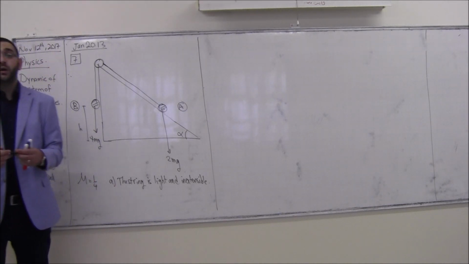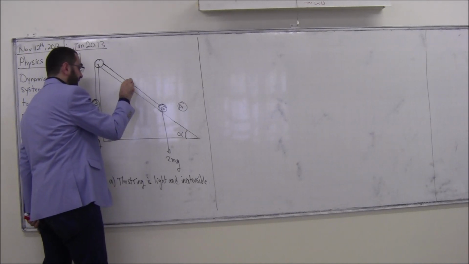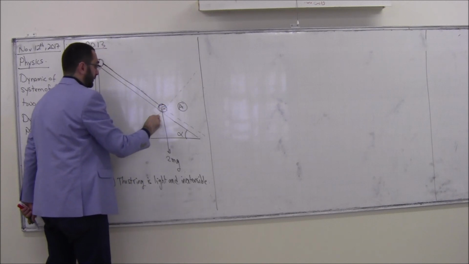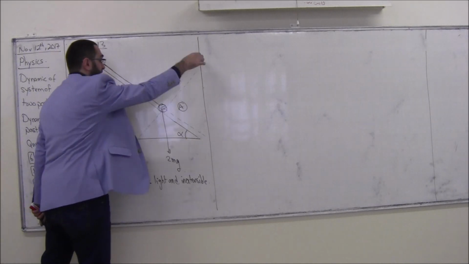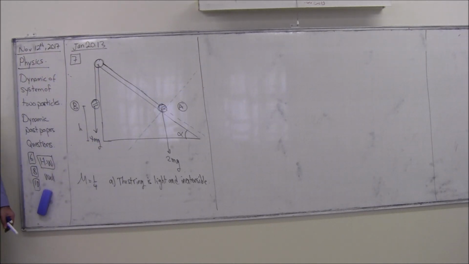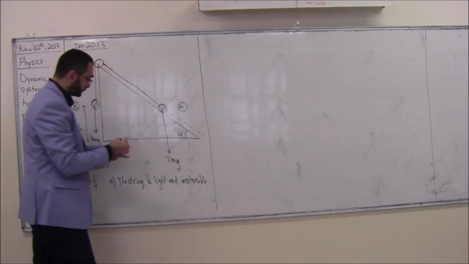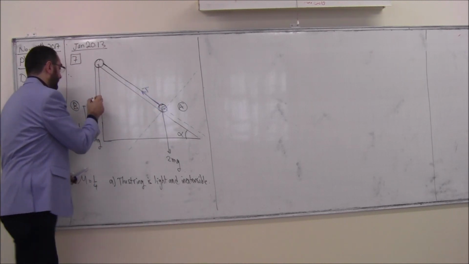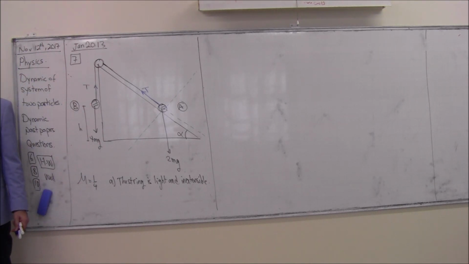What we have to do now is write the equations of motion. In order to write the equations of motion, I have to choose axes. This is the x-axis and this is the y-axis. Tension is always towards the pulley, and the tension here is also towards the pulley.